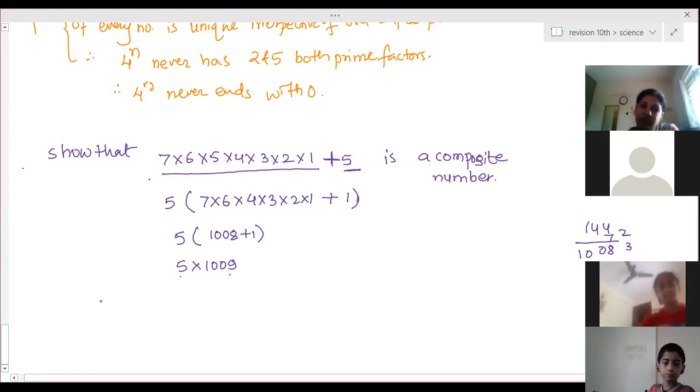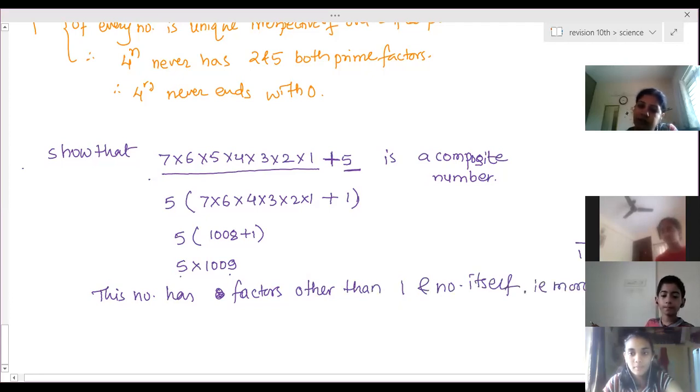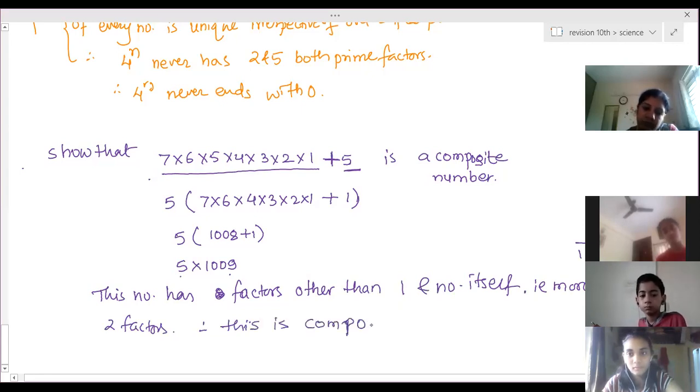So this number has factors other than 1 and the number itself. That is more than 2 factors. Therefore, this is a composite number. Clear?